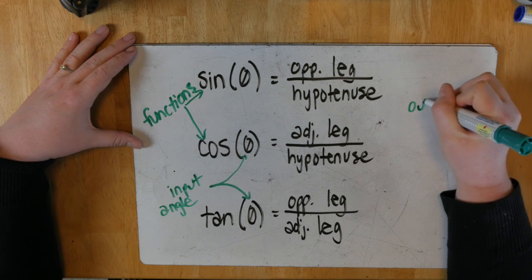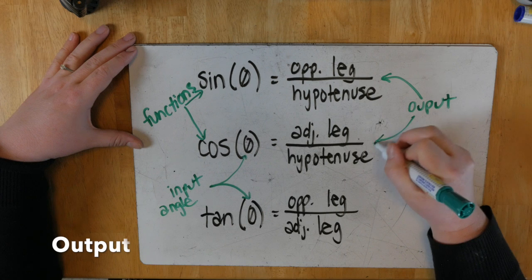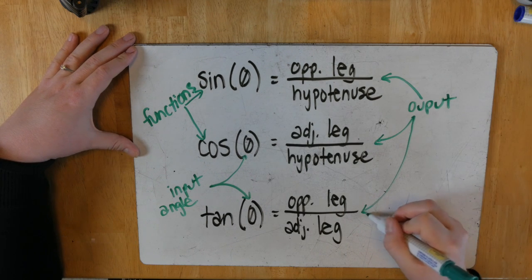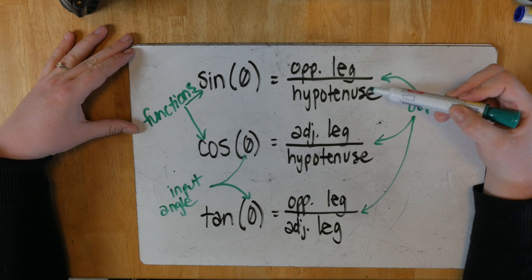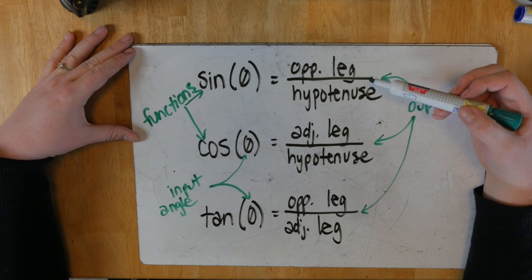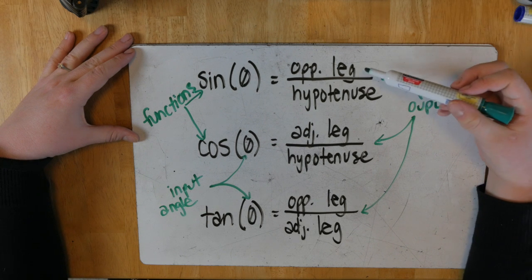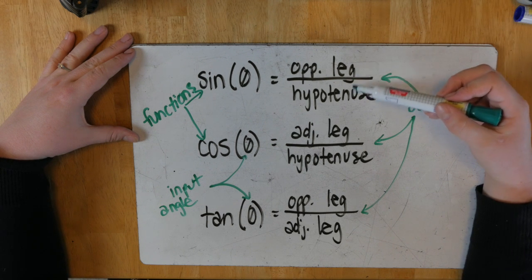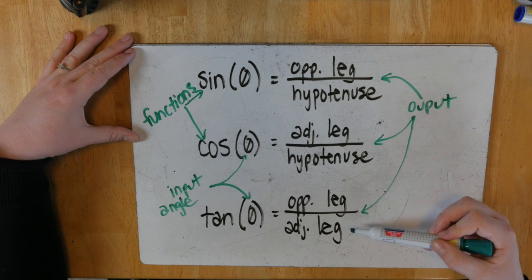And then the output that we get from those trig functions are ratios. They're a comparison of two triangle side lengths. They do have to be right triangle side lengths, we know that. But the ratio is how two sides of those right triangles divide by each other.